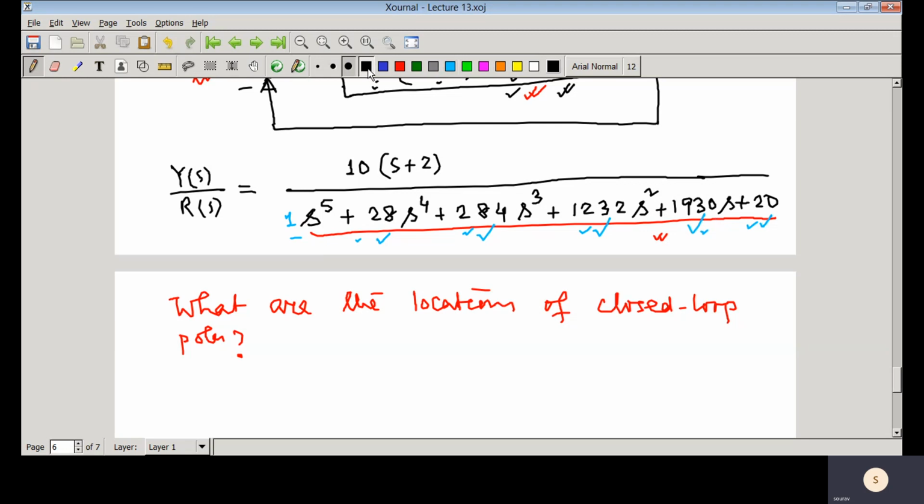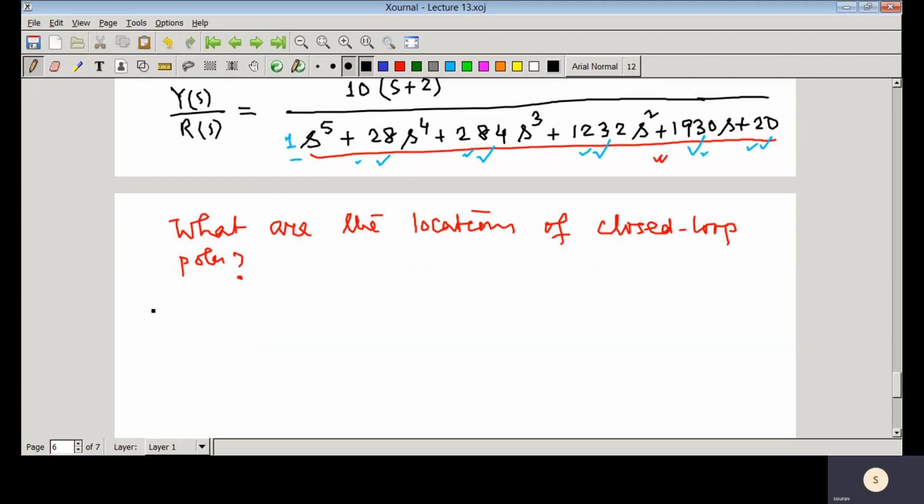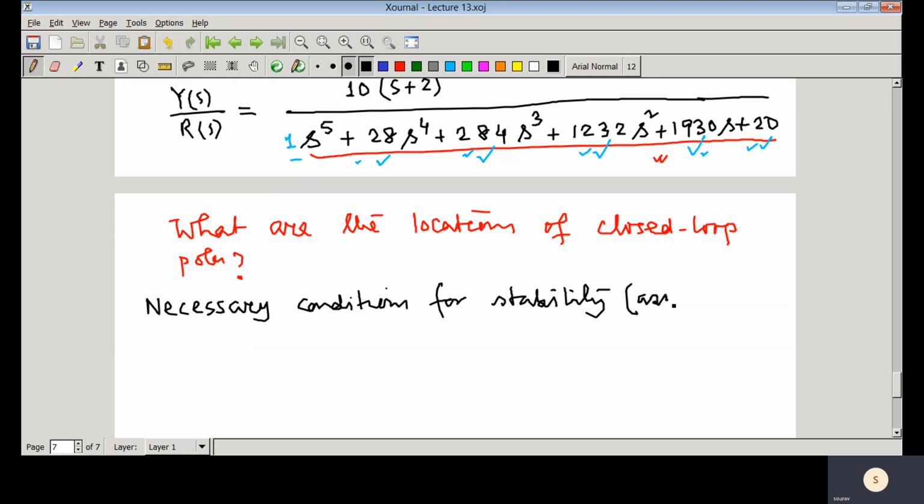So let us write those necessary conditions for stability. Stability means all poles should be in the open left half of the S plane, that is asymptotic stability.